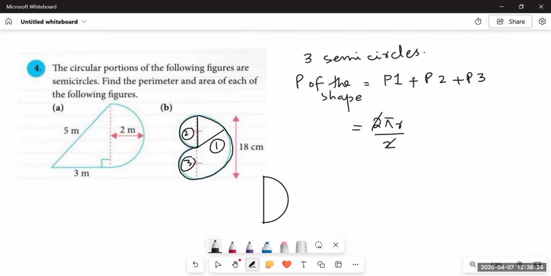So if the diameter is given as 18, its radius would be half of it, right? Which is 9 centimeters. This is also 9 and this is also 9. You see, 9 plus 9 is equal to 18. It means if the diameter is given as 18, the radius would be half of the diameter, which is 18 upon 2, 9 centimeters, right?